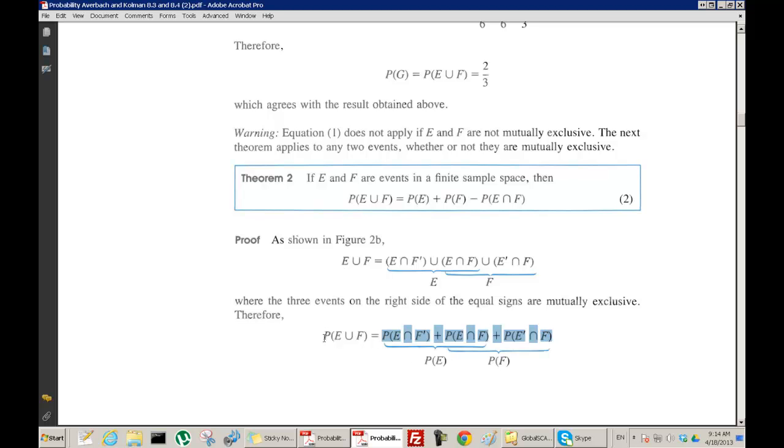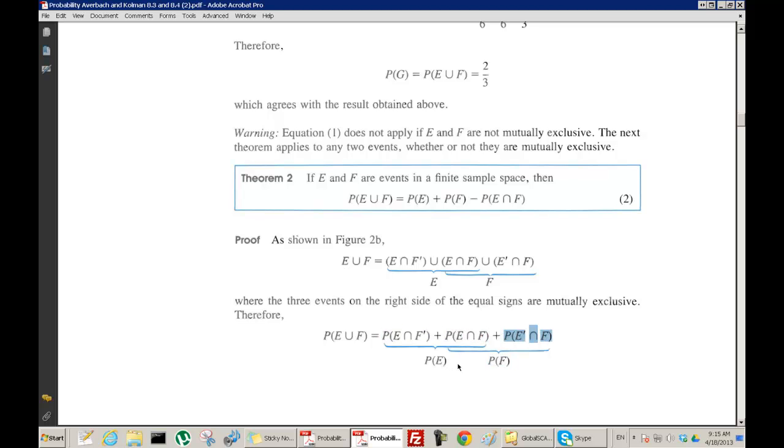But if I said, oh, the probability of E union F is P of E plus P of F, what would I be doing wrong? So if I said it's P of E plus P of F, I'm saying it's this plus this. The real answer is it's this plus this plus this.